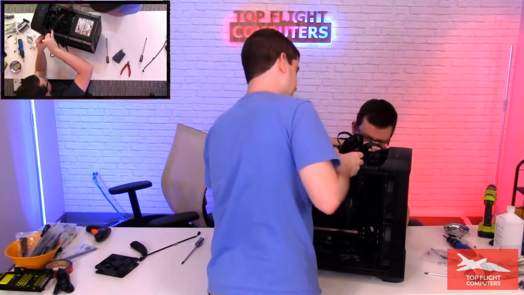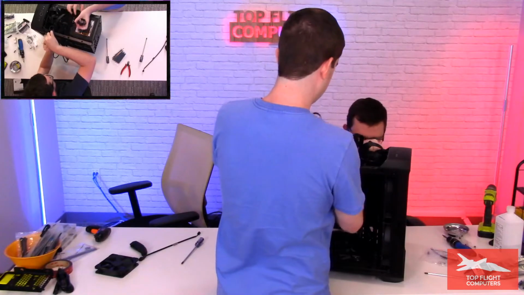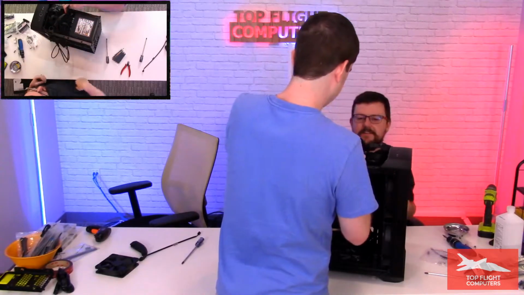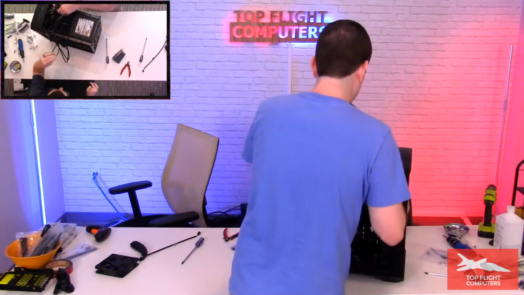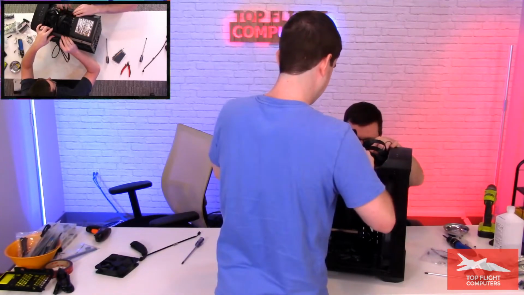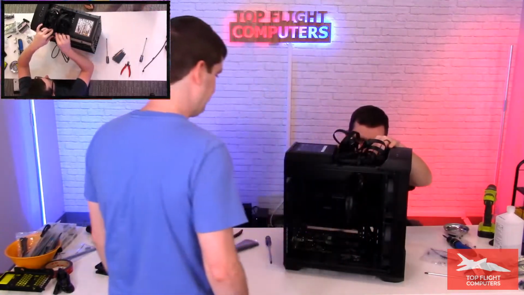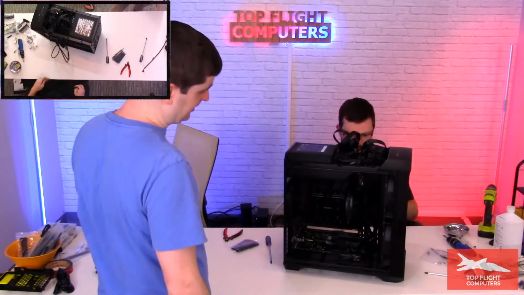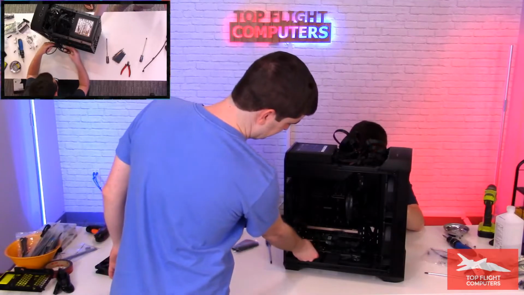Is the SATA power already plugged in? Yep. There's a bunch I can tie up. Yeah, all of those. There's a zip tie right there that we can do them with. Okay, yeah. Plug it in there. I wonder if we should put supports on. Probably good, especially around these. I mean, these aren't heavy.